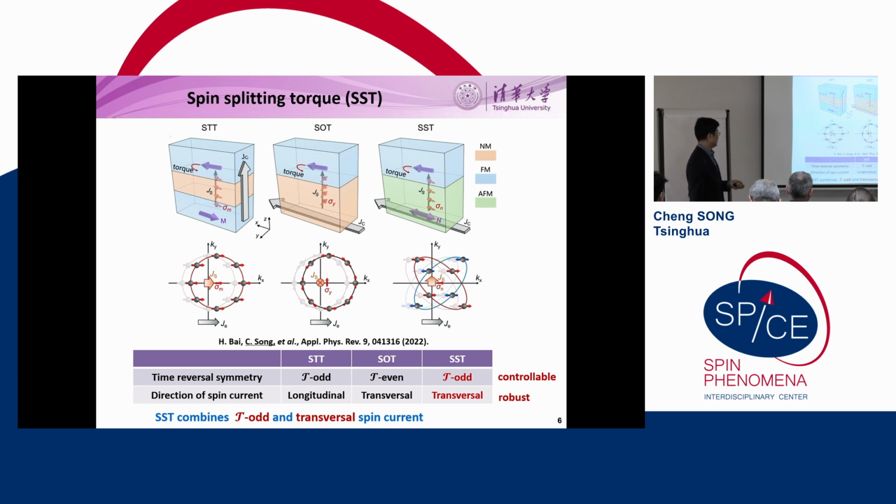On the other hand, the transversal spin current is quite similar to spin orbit torque, but we do not have to drive a large current through the tunneling barrier, so the device is more robust. So spin splitting torque combines time reversal odd and transversal.